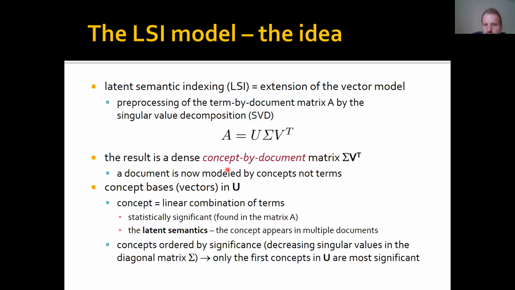The concepts are not some nicely human-labeled concepts. They are only frequent linear combinations of terms appearing in the collection A, and these concepts are then stored in the matrix sigma V. In the matrix U, we have the basis for the concepts.